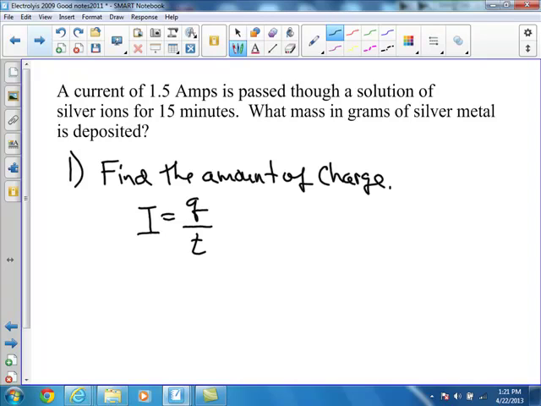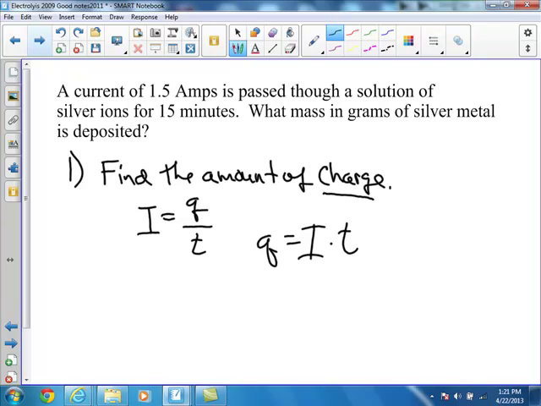To find the amount of charge, which is Q, Q is equal to current times time.